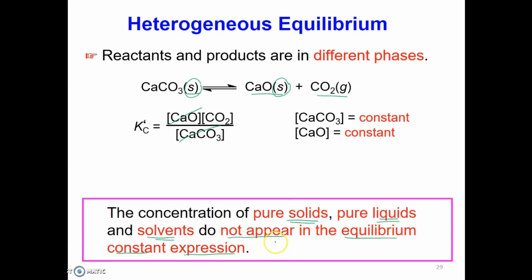Okay, because it is impossible for us to measure the concentration of pure solid, pure liquid, and pure solvent. So the Kc expression only involves substances in the aqueous phase and also in the gas phase.